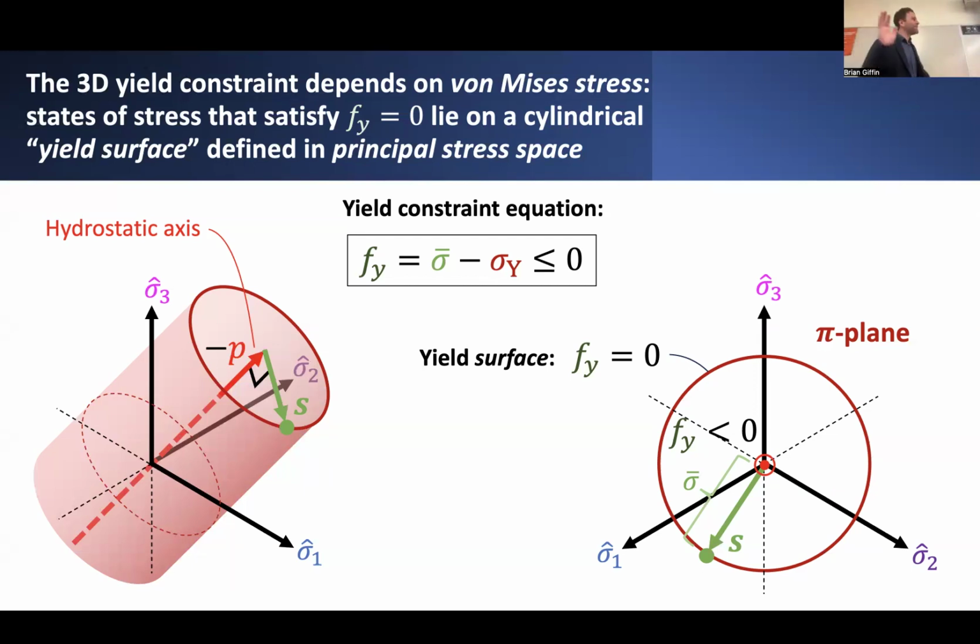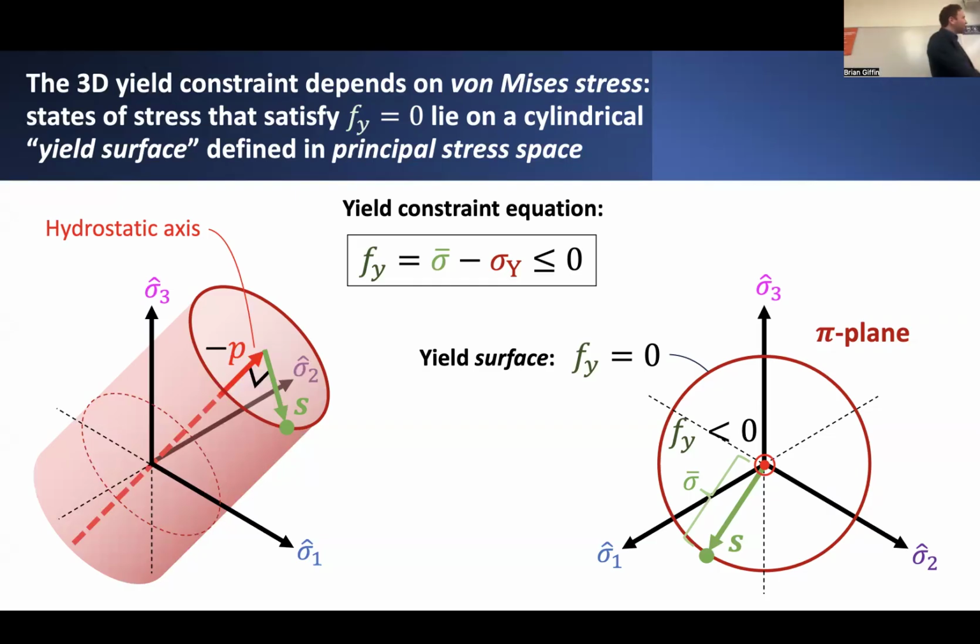No plasticity happens. But if I increase the state of stress in the material such that the von Mises stress gets bigger and bigger, then I start to approach the surface of this yield constraint. Once I hit that surface, that's when plasticity will start to occur.